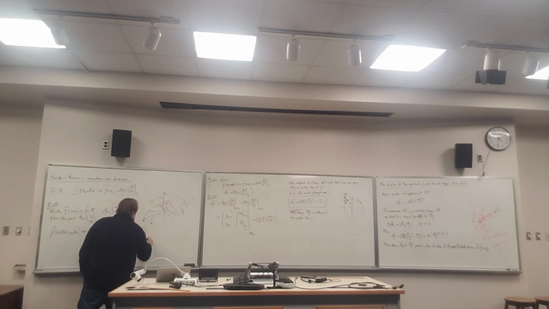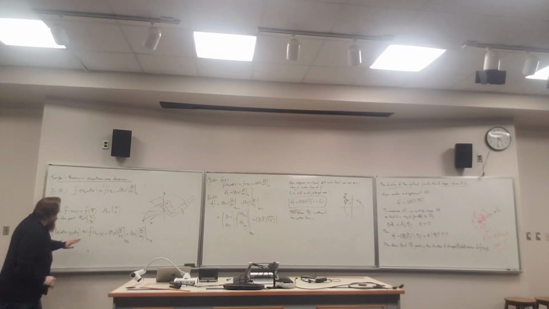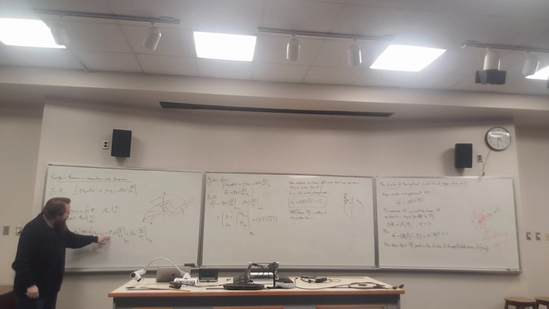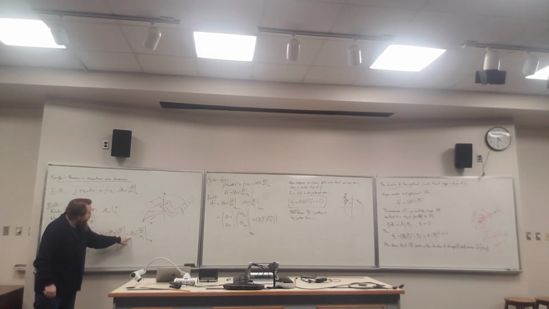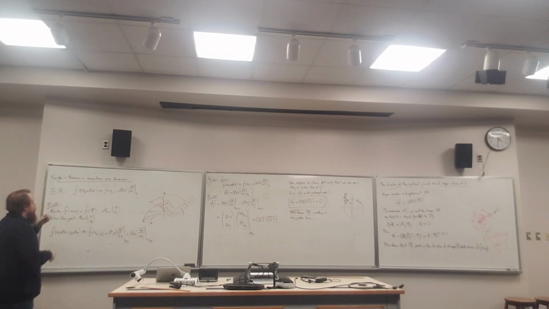We get 3 terms total. We get our base point, plus the amount we move in the x direction multiplied by the slope in the x direction, plus another term we didn't have before: delta y, how much we move in the y direction, multiplied by the slope in the y direction.